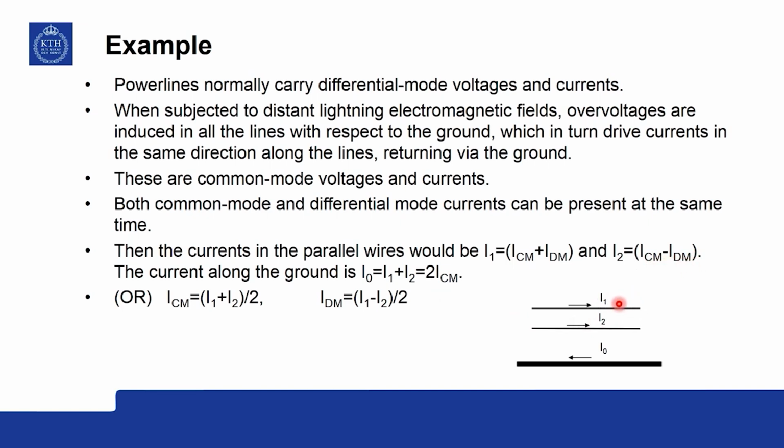Then the current along the ground is I1 plus I2, or 2 times ICM, or you can define common mode current as the sum of these currents divided by 2, because the differential mode currents are cancelling each other. And the differential mode current is the difference of these two currents, I1 and I2, divided by 2, because the common mode currents are cancelling each other then.